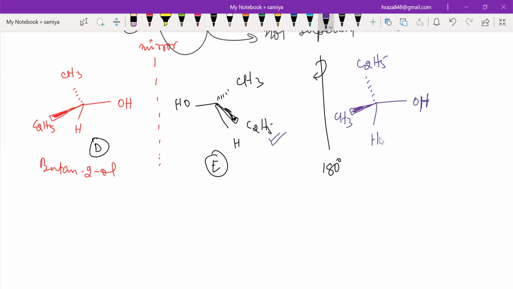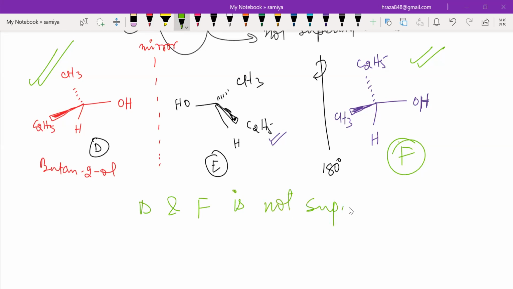Now you can see this representation and this representation. Now D and F are not superimposable.